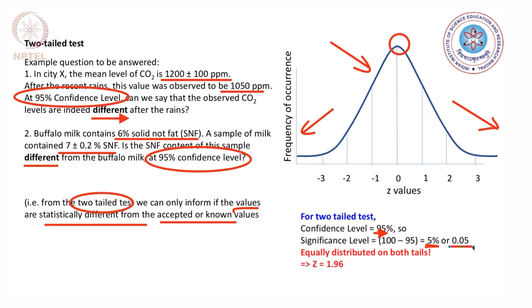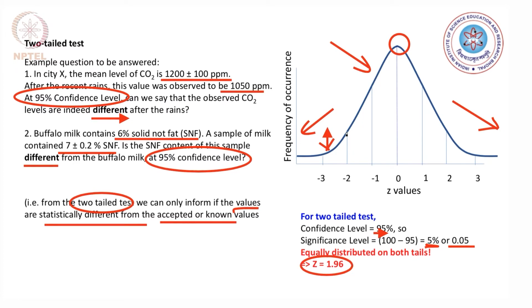But this 5% significance region is distributed evenly on the two tails of the Gaussian profile shown here. Now, when that happens, essentially we are talking about a z value of plus minus 1.96.